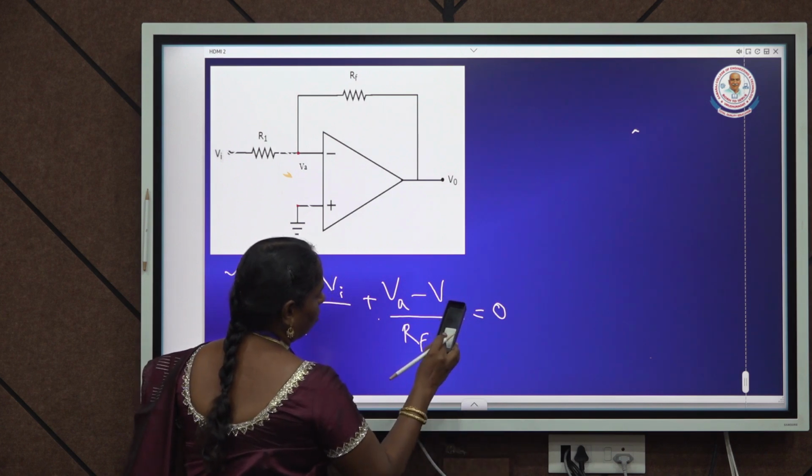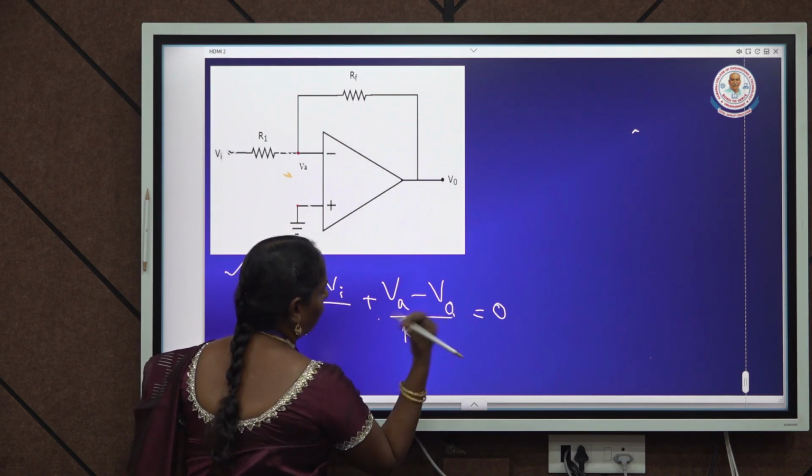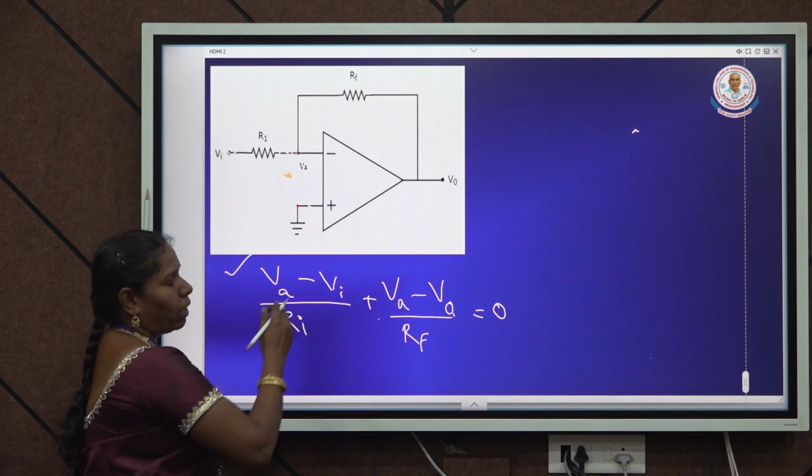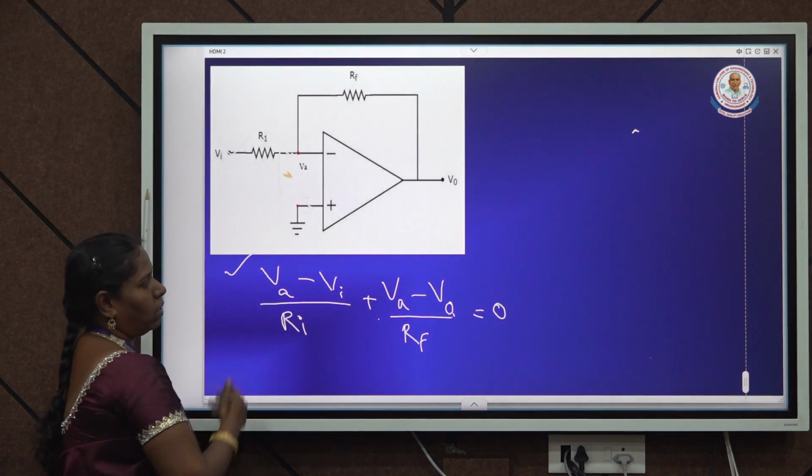So by applying Kirchhoff's current law, we write this equation.